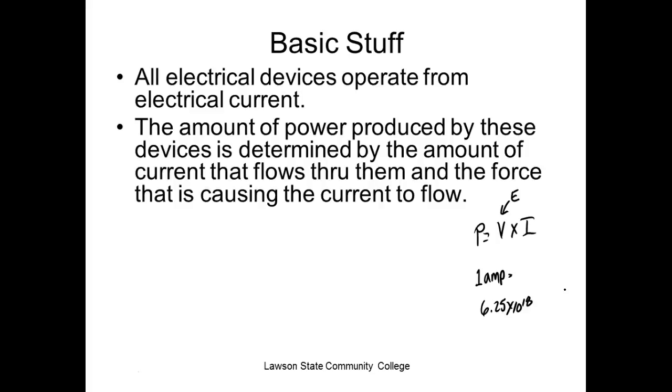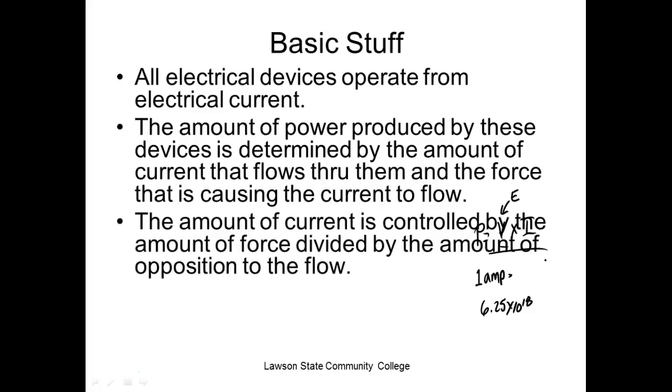And then the force is going to be the voltage, right? And that's why we calculate work. So if you've got a watt meter, it's got to measure what? Force and speed. That's what your watt meter does on the side of your house, by the way.